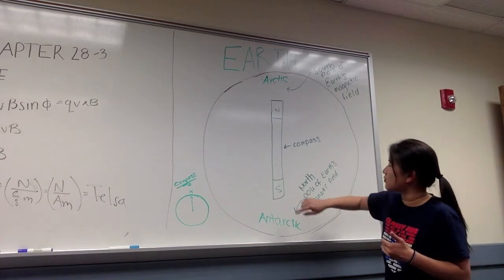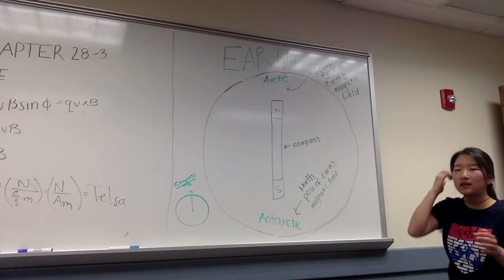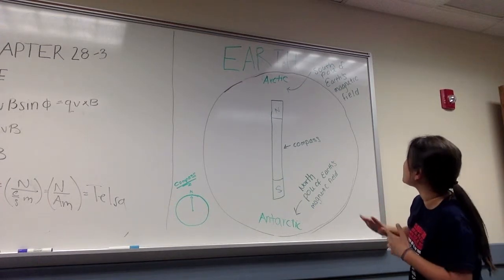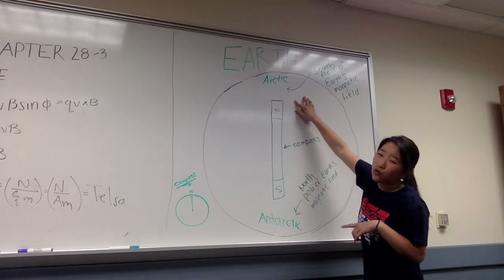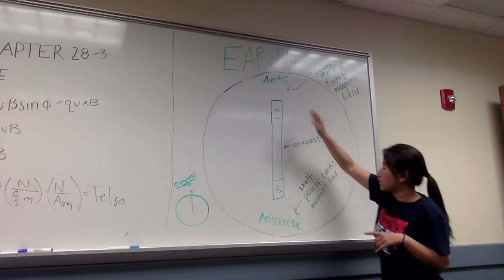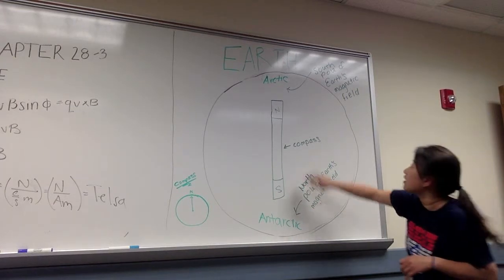So with that in mind, you would think that the south should be up here. But in fact, there's a distinguishing factor that we should also consider: this part is actually technically the south pole of the Earth's magnetic field, and this side is the north pole of the Earth's magnetic field.